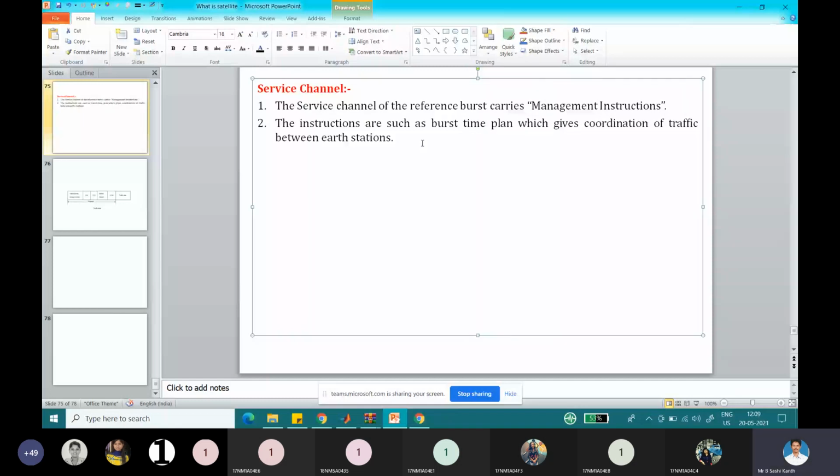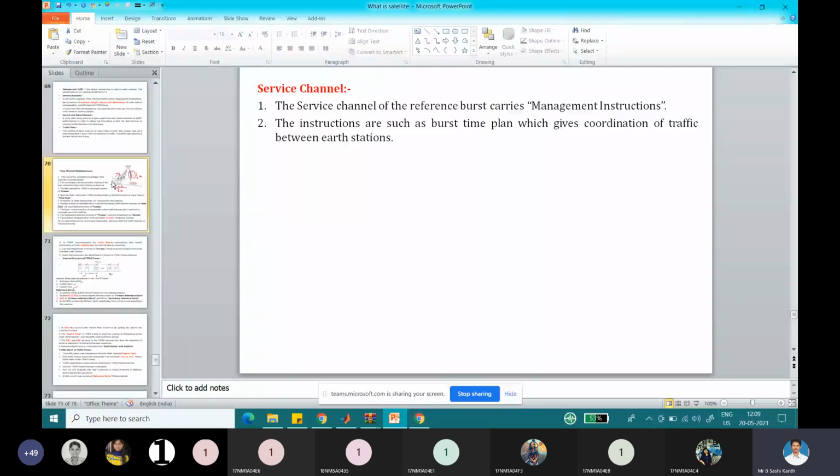The intention of this point is nothing but we want to synchronize the earth station with the satellite. So when I want to synchronize the earth station with the satellite, I should have a synchronization time plan of the burst coordination between the earth stations. Because multiple earth stations are there, we have discussed it in the class. We have multiple earth stations, 1, 2, 3.